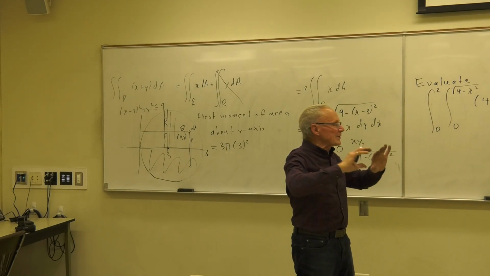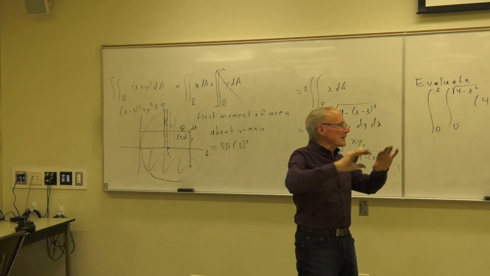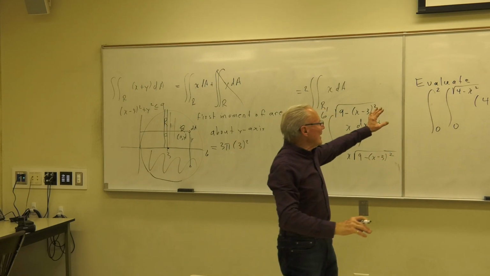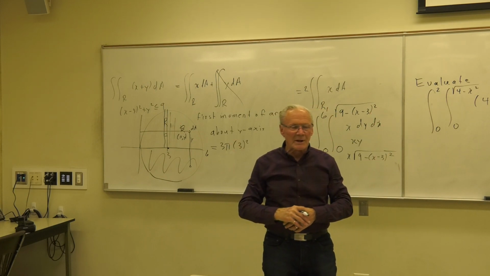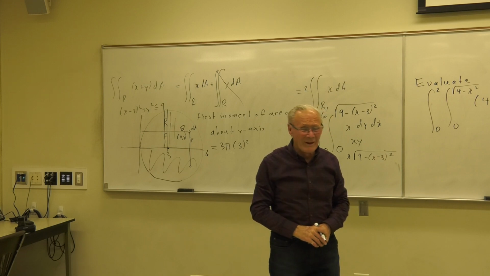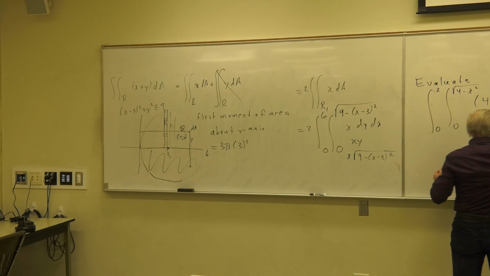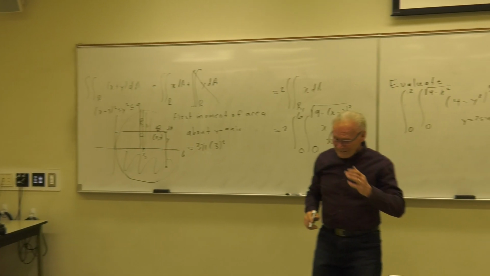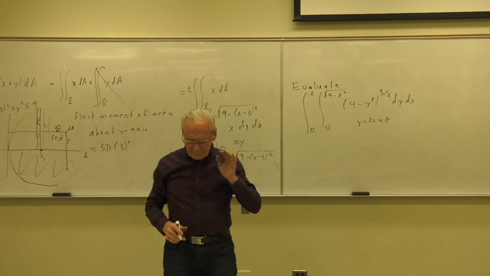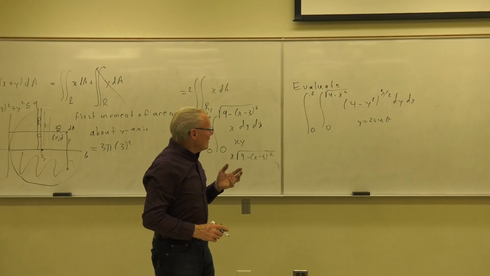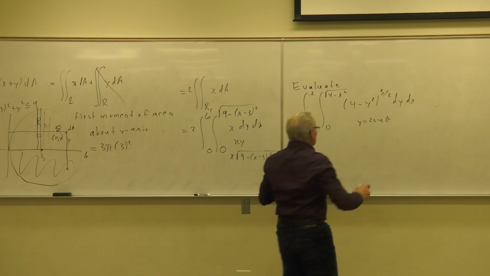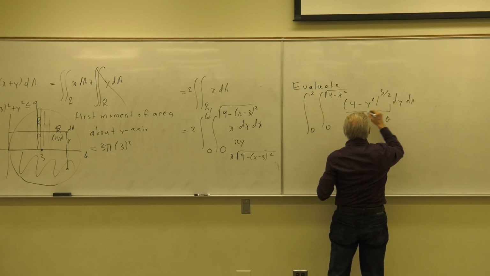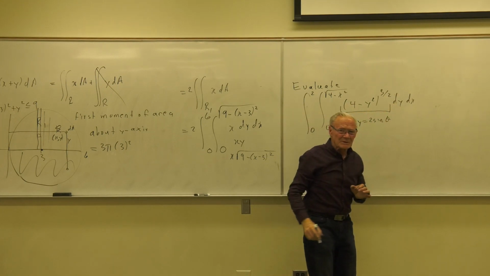Perhaps I started with a double integral, and I subdivided it up into rectangles, and I came up with this double iterated integral, and I said, I've got a problem. I do not want to integrate this with respect to y. If I did, I'd have to put y equal to 2 sine theta, and it's going to be a mess. Yuck. But wouldn't this be easy to integrate with respect to x?